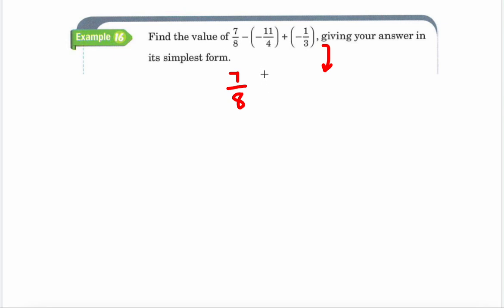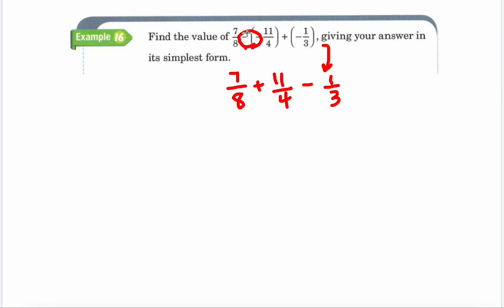We've talked about this in our video on adding and subtracting integers, that subtracting a negative is the same as adding. So let's go ahead and change this sign into a plus already. So we're going to add 11/4, and then adding a negative is the same as subtracting. So let's go ahead and simplify that already.